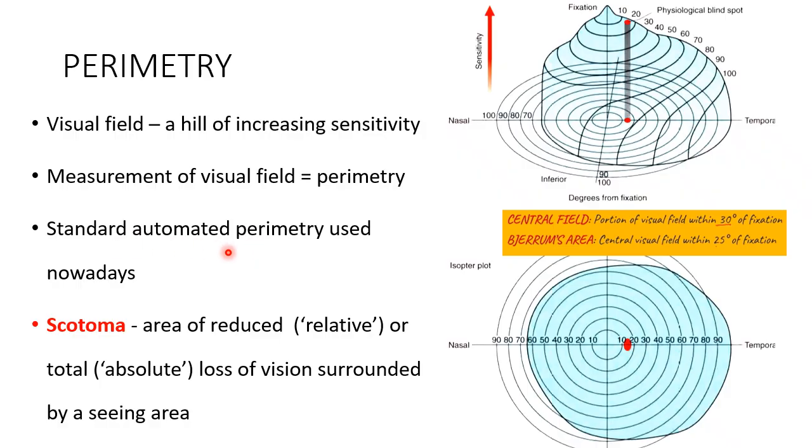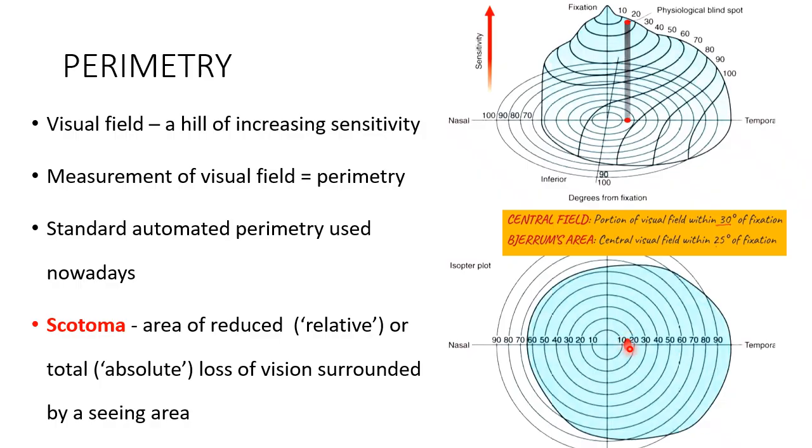Nowadays, what we use is standard automated perimetry. Okay. So talking about the field of vision, the central point, this point is actually your fovea. Always remember the fixation point or the central point when talking about the visual field is the fovea. There is a spot, blind spot, which is temporal to the fovea, always on the temporal side.